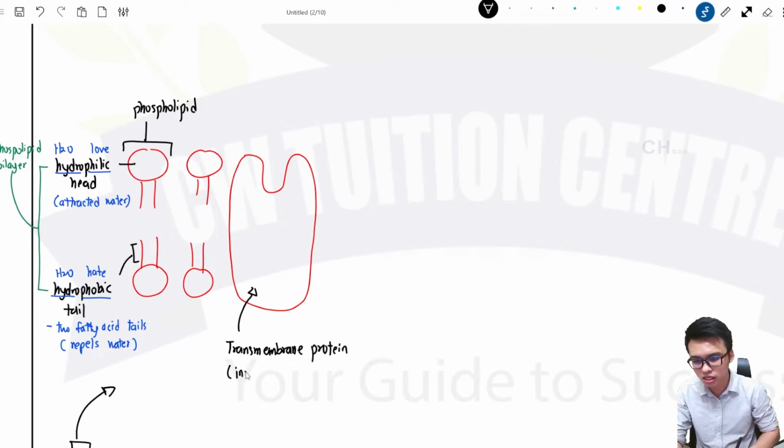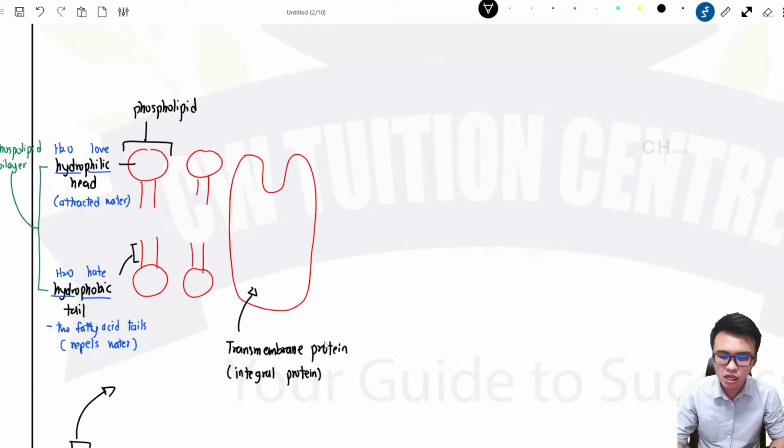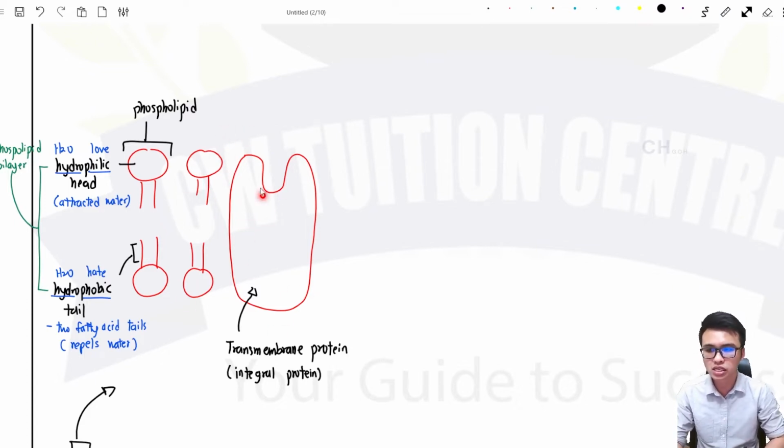Sometimes we can call it an integral protein as well. Basically, both are the same thing. These transmembrane proteins can pass through the two layers of the phospholipid bilayer. You can see this protein is huge, and it passes through the plasma membrane.